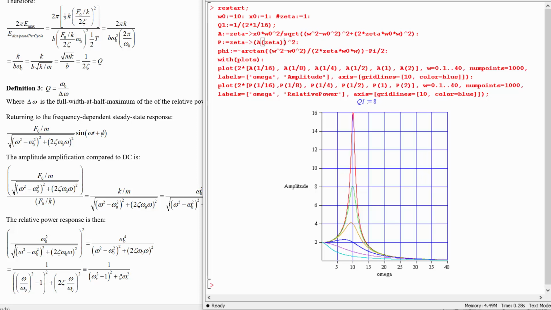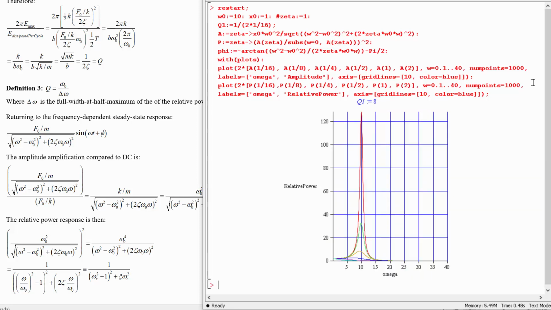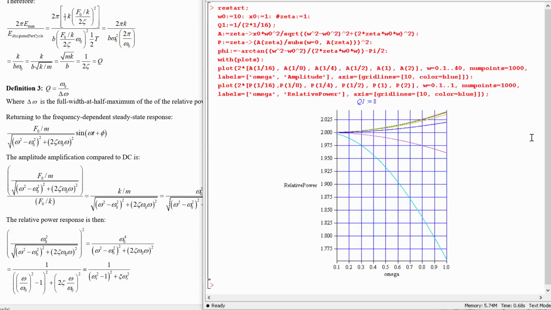So let's take this divided by subs W equals 0 into A at zeta. Yeah, I think that should work. Okay, so the relative power should be going to 1 at this left end. So let's just check. If we take omega is 0.1, some small number, does this go to 1? No, it doesn't. How come?